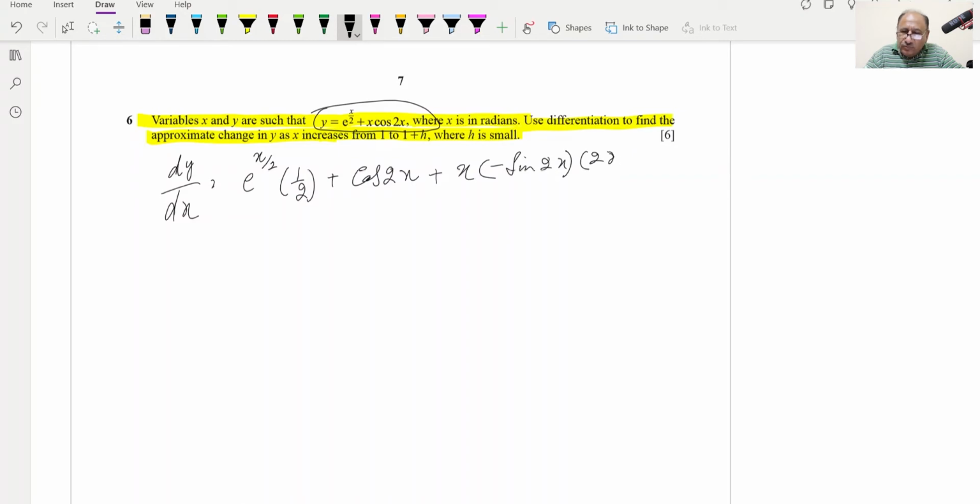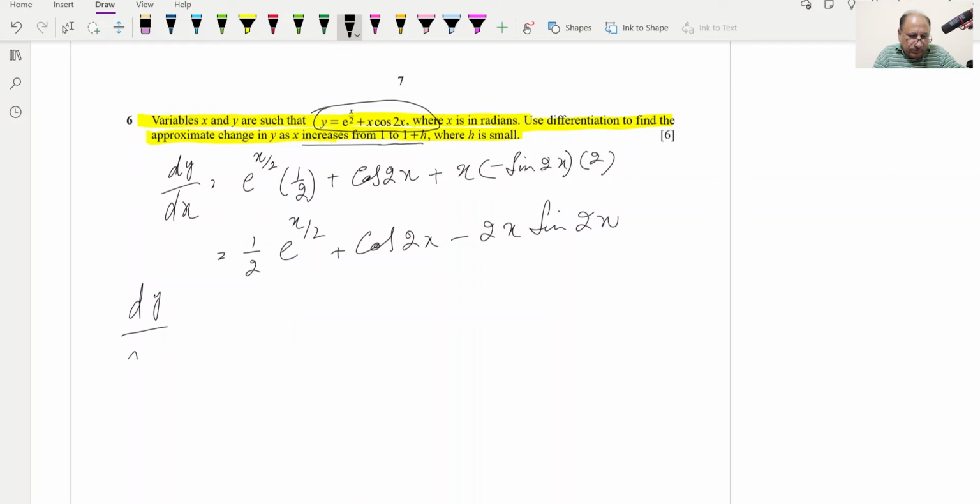So this will be the derivative, and after that we can simplify this. It will be 1 by 2 e raised to the power x by 2 plus cos of 2x, and minus 2x sine 2x. Now x increases from 1 to 1 plus h, so we find dy by dx when x is equal to 1.